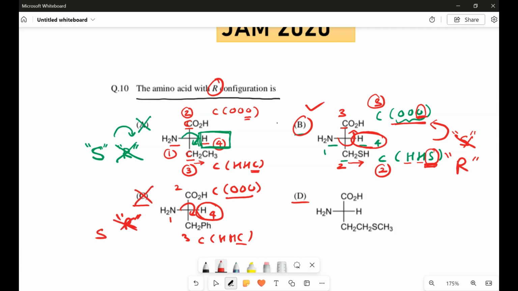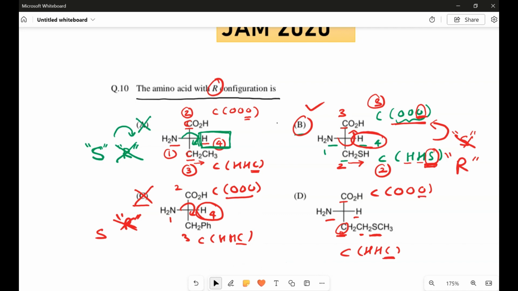C is the wrong option. Option D, we have nitrogen, carbon, carbon, hydrogen. See, they have given a point of confusion here, they've given a sulfur here, but you have to look for the first point of difference. So this particular carbon has hydrogen, hydrogen, and carbon. But this carbon has oxygen, oxygen, oxygen. So the first point of difference is here you have a carbon, here you have an oxygen. So this will take the upper hand over this carbon.